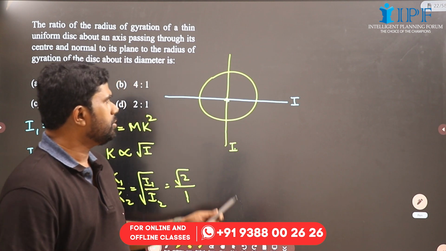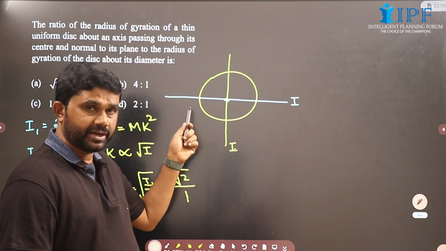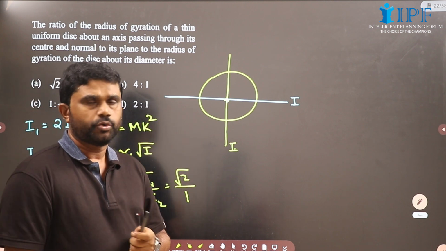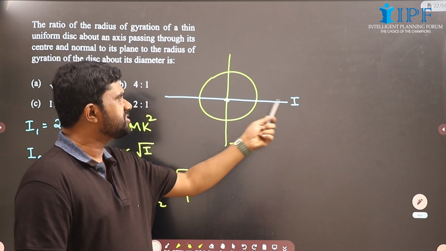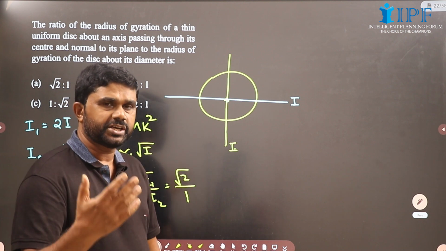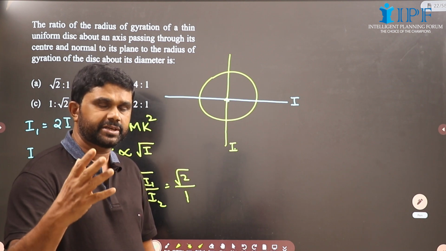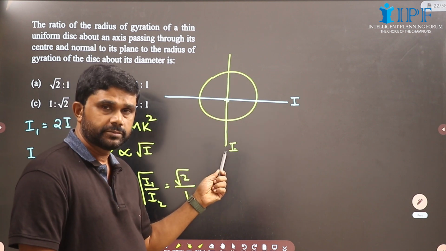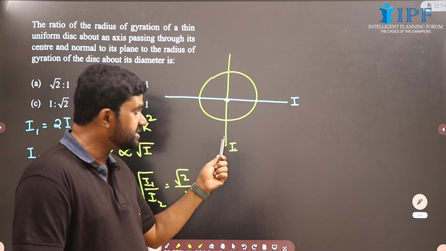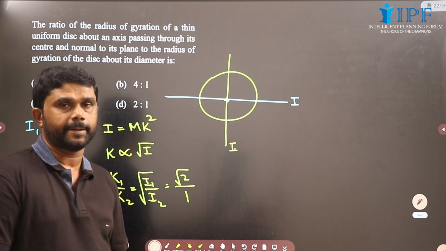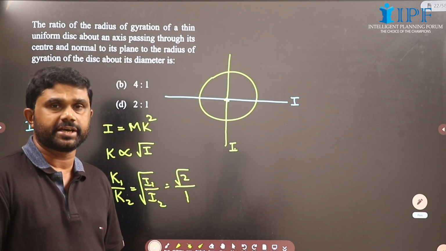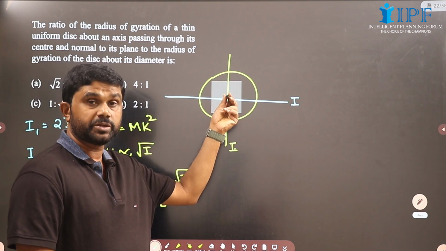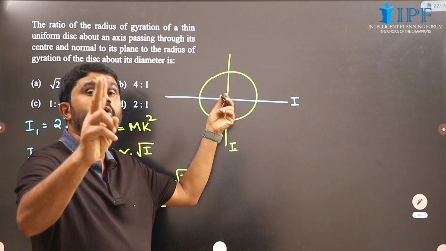Now see, suppose this is the disc and this is a diameter. The moment of inertia of the disc about that diameter, let it be capital I. This is an identical diameter, so the moment of inertia about this diameter also will be capital I. Then by perpendicular axis theorem, the moment of inertia about this axis normal to the plane and passing through center will be 2I.